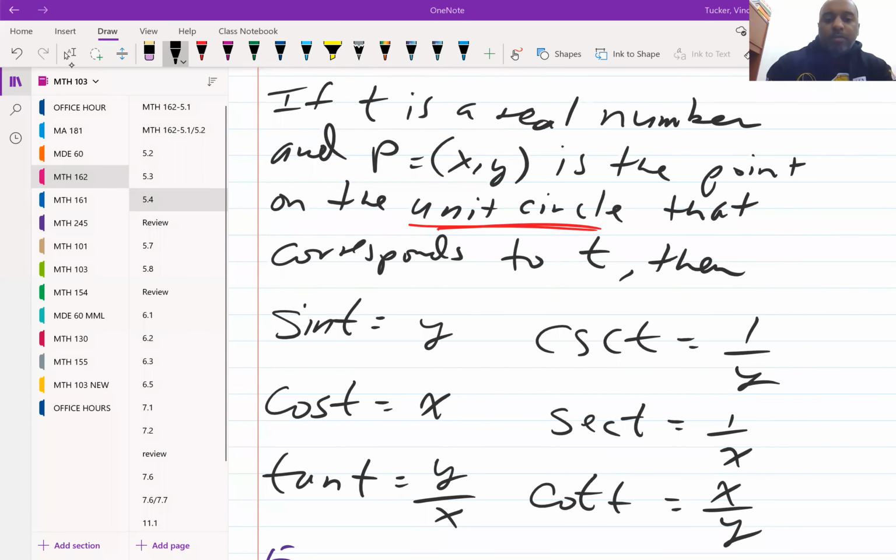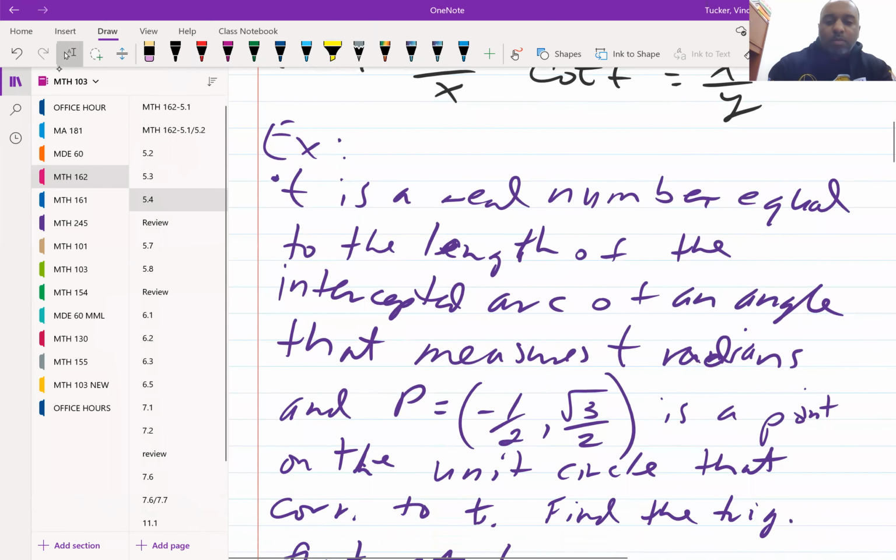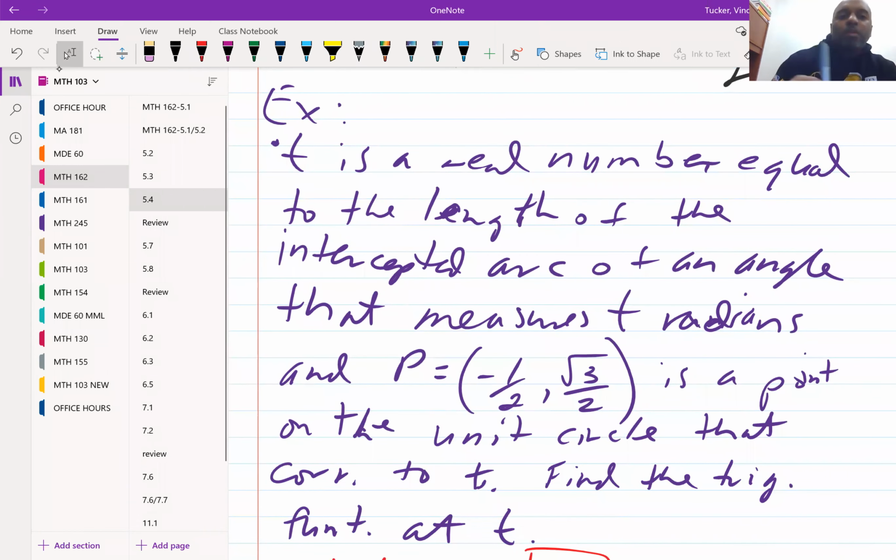All right, can we scroll up some? Let me see if I can write this a little better. Well, we have t is a real number and equal to the length of the intercepted arc of an angle that measures t radians.